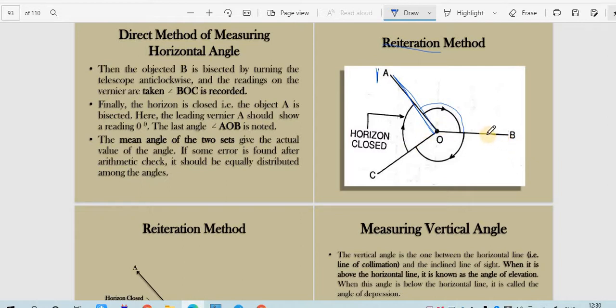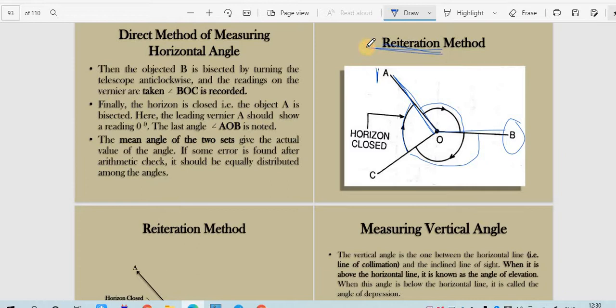Again you can bring your vernier A at 0 at point B also, or you can add that angle to this, so you can finally get the total value of 360 degrees, because it is completing the horizon. So this is your iteration method.